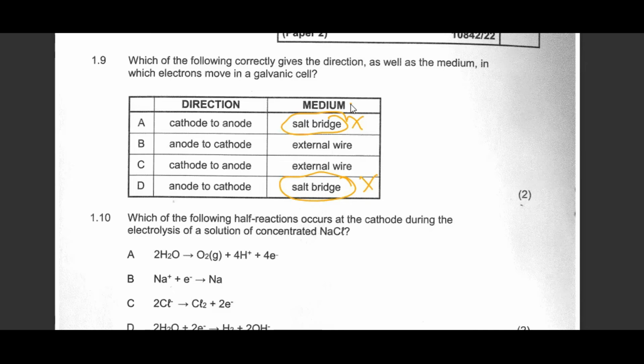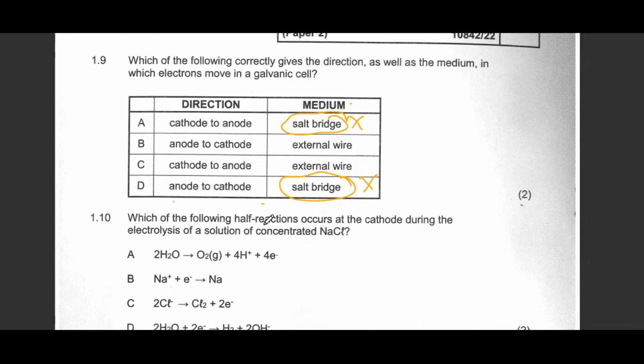Then you have the anode to the cathode and the cathode to the anode. So in this case, you need to remember the direction and medium of electron movement.